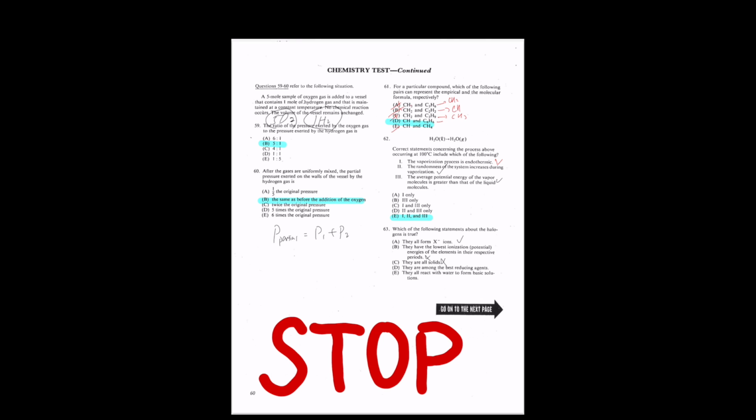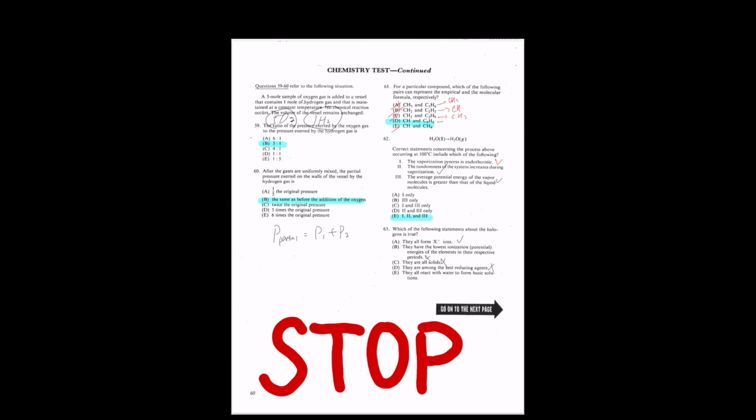D, they're among the best reducing agents. Nope. Reducing agents, remember, are not ones that get reduced or gain electrons, but rather reducing agents are the agents that help a substance to get reduced. So they have to be oxidized themselves to be reducing agents. So basically, reducing agents are oxidized, and oxidizing agents are reduced.